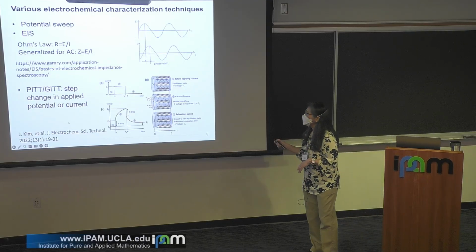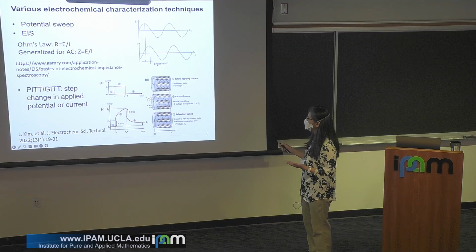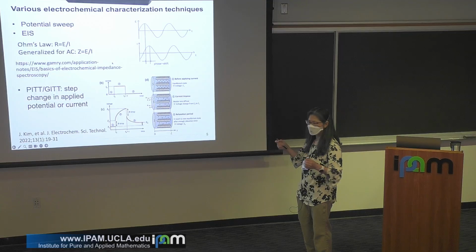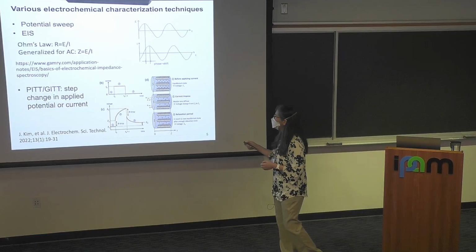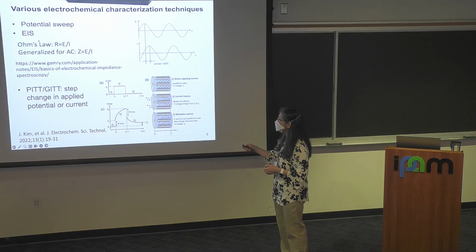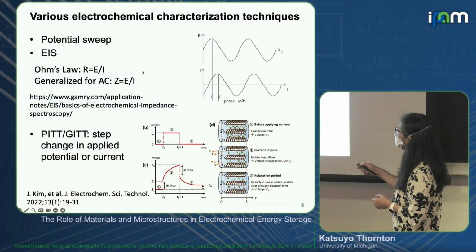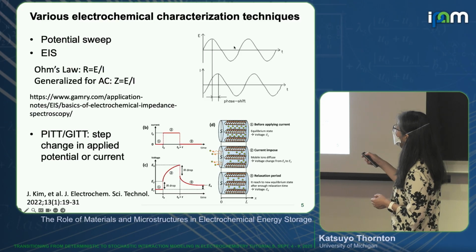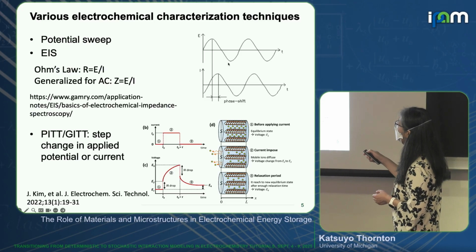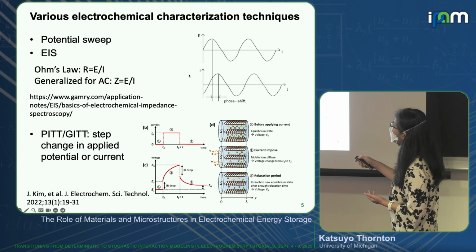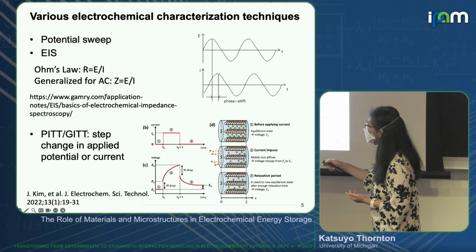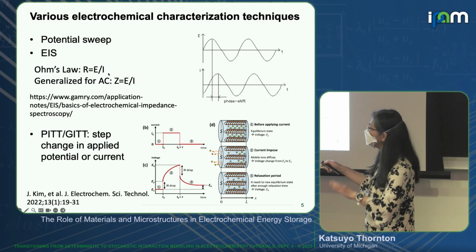So this is a schematic of what those things are. Potential sweep, people just change voltage and see what current you get. EIS, electrochemical impedance spectroscopy, uses an alternating current. So you may put a sinusoidal perturbation on the applied potential, and it could be a current as well.